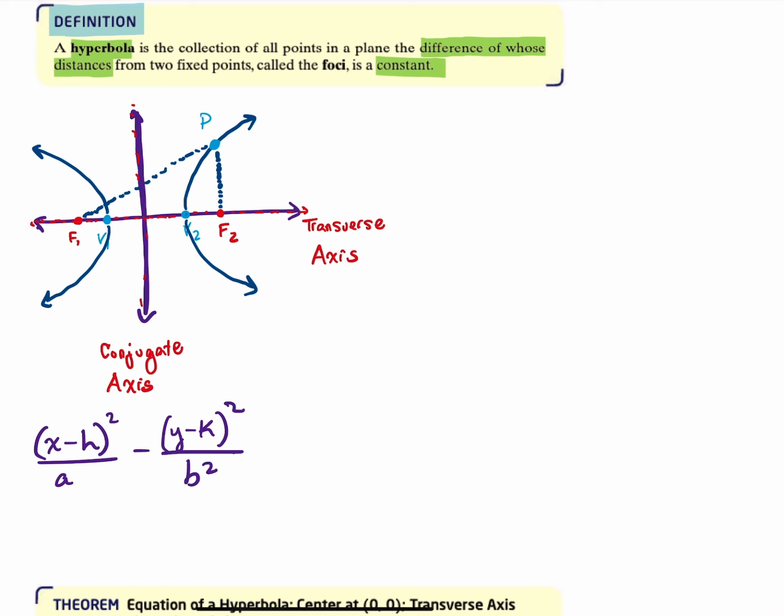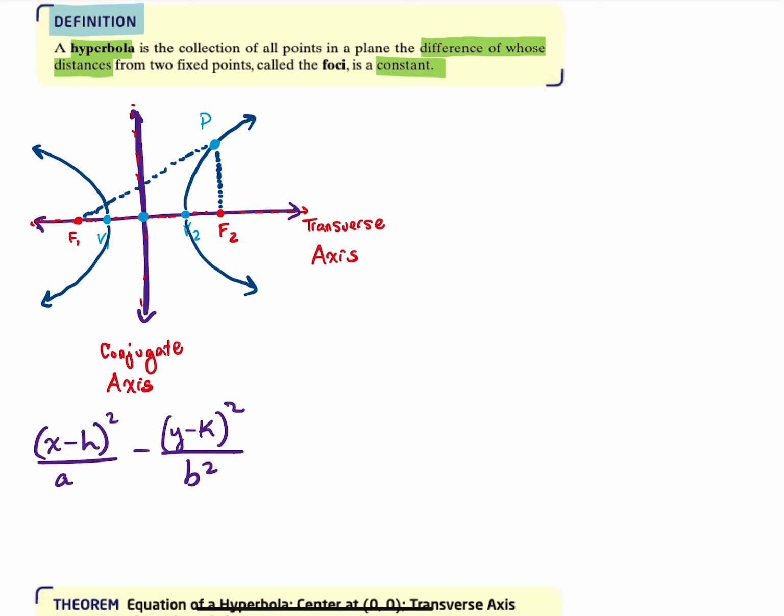So this would be a hyperbola that has a center point (h, k). This center point is not a point on the graph at all, but it's in between the two vertices. So for instance, this would be our center point.